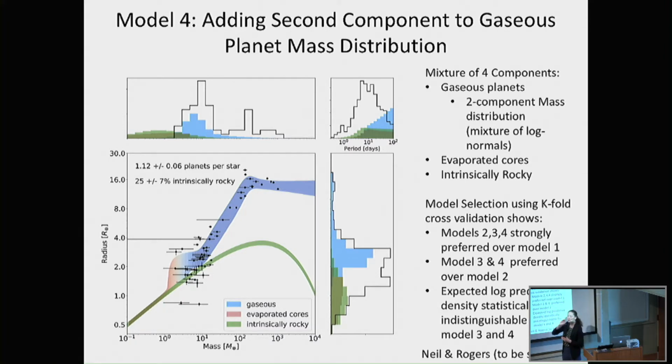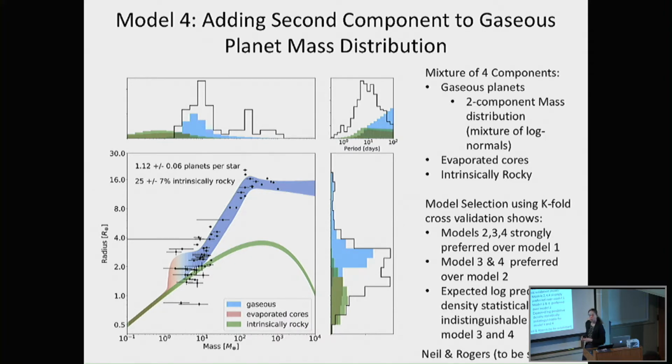And each of those populations are also included in this fourth model with an additional flexibility in the mass distribution modeled. And I'll just sum up by saying that by doing detailed model selection, we see that models 2, 3, and 4 are strongly preferred to this single component model.